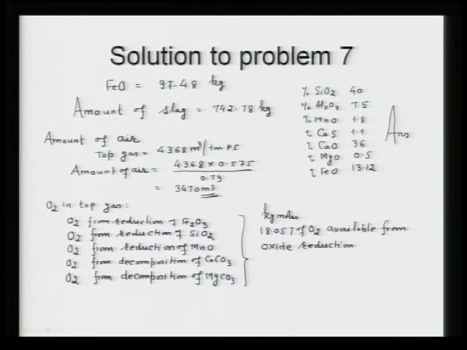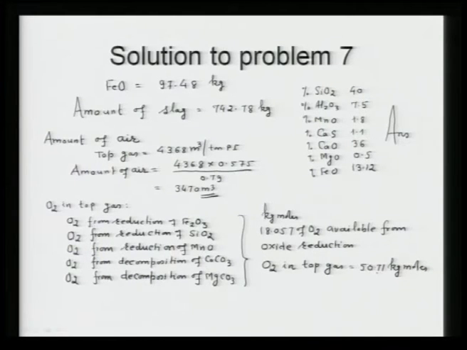Now, what will be the total amount of oxygen in the top gas? Say total oxygen in top gas. You know the amount of top gas, and you can calculate the amount of oxygen in the top gas, that will be equal to 50.71 kg moles. How will you do this calculation?